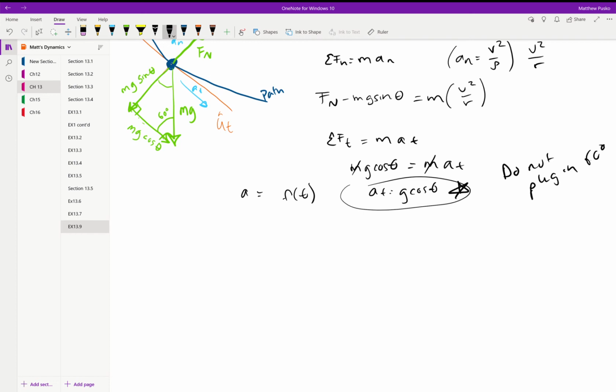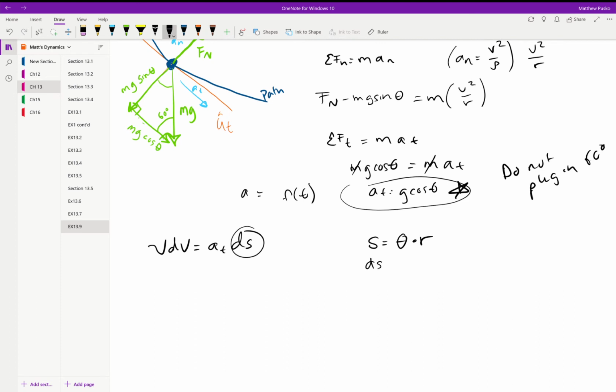Well, let's do v dv is equal to a ds. Now, you may say, well, I don't have a ds, I have a theta. So we need to go to the definition of an arc length. An arc length is equal to the angle in radians times the radius.